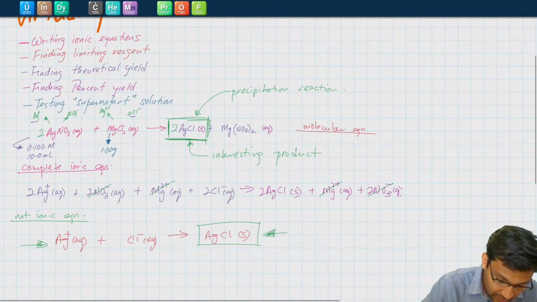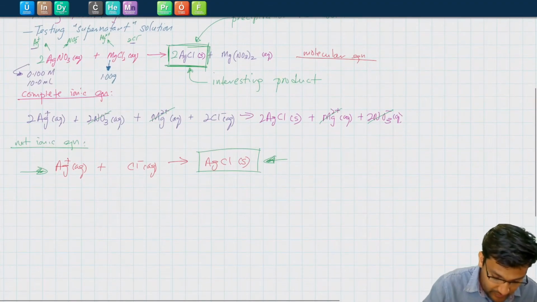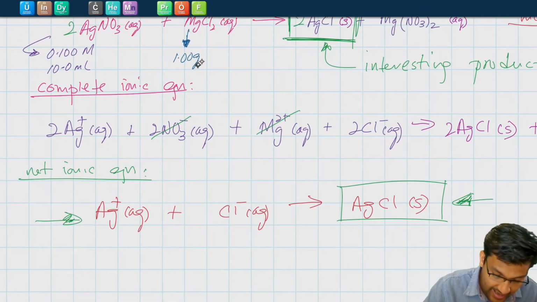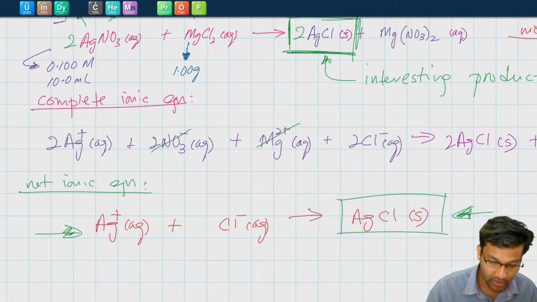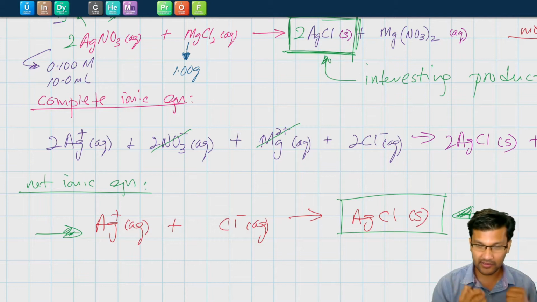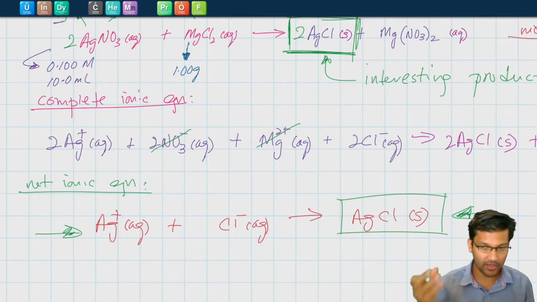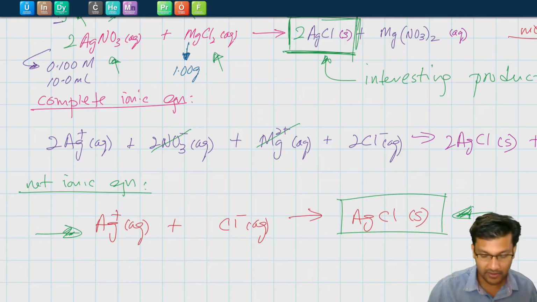Let's now talk about finding the limiting reagents. So I mentioned that we started with a concentration and volume for the silver nitrate, and we started with a mass of the magnesium chloride, and we formed some interesting product. Now, unless you mix these two solutions in the perfect amount, usually you'll have one starting solution that's too much or too little, and another that's too much or too little.